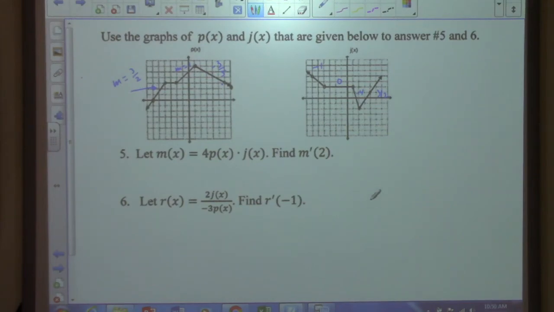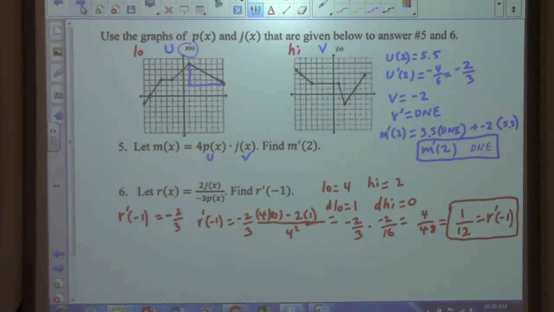Okay, and let me go, I think I worked all these out earlier. Maybe. We'll see. Yeah, okay. So here they all are worked out. Oh, okay.